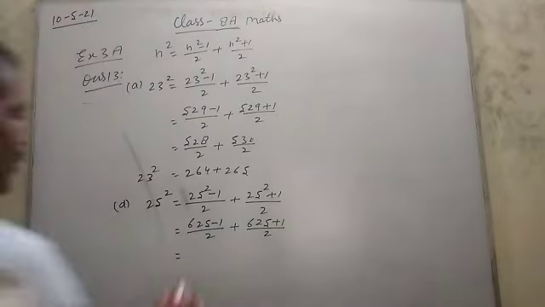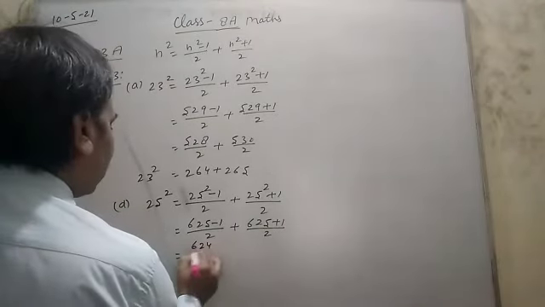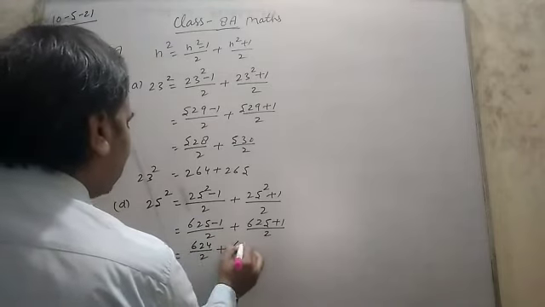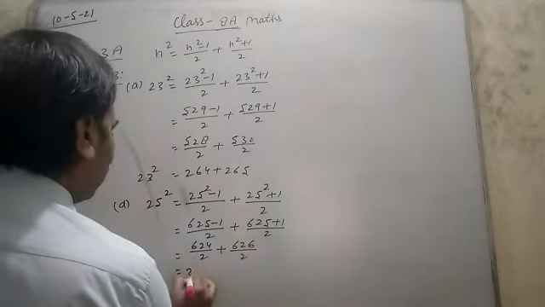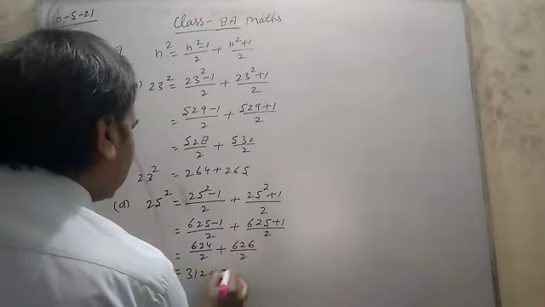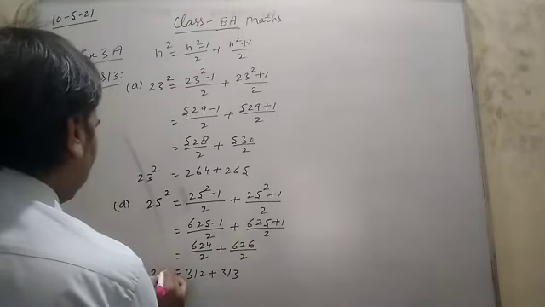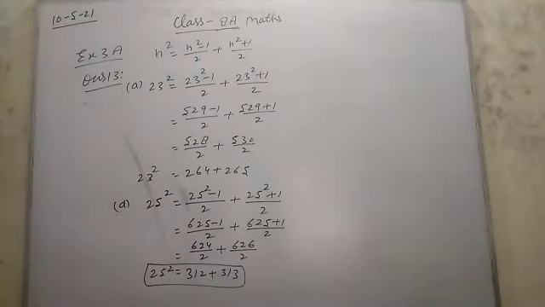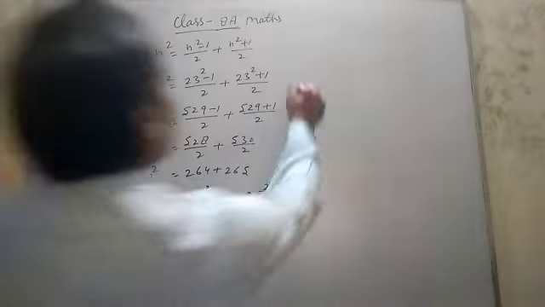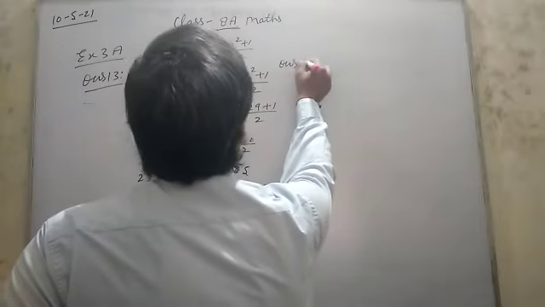Subtract and then divide by 2. So 624 by 2 plus 626 by 2. So 312 plus 313. Okay. So like this, the remaining parts you try by yourself. Okay. Then question number 14.